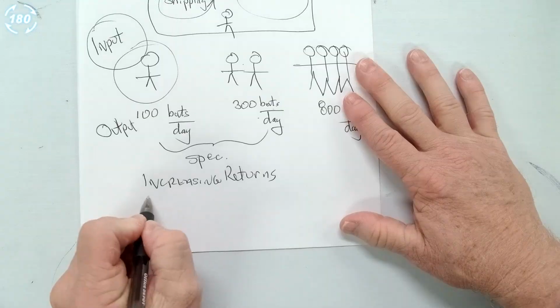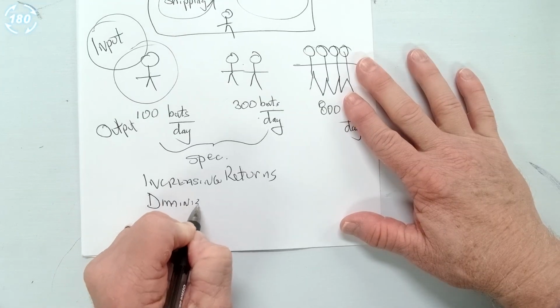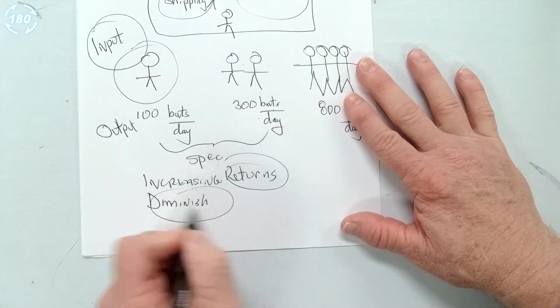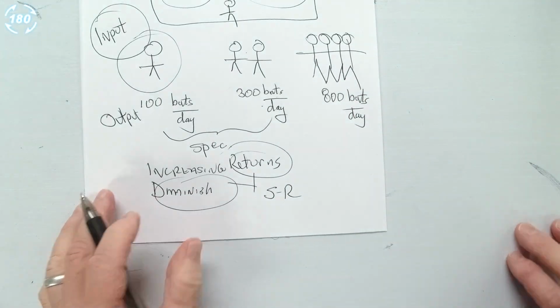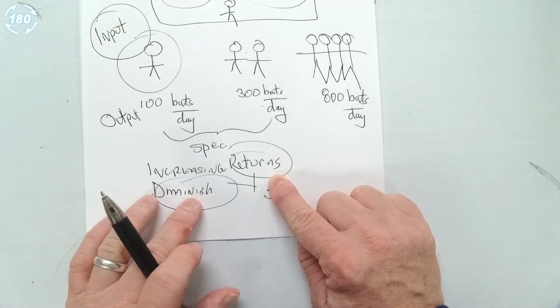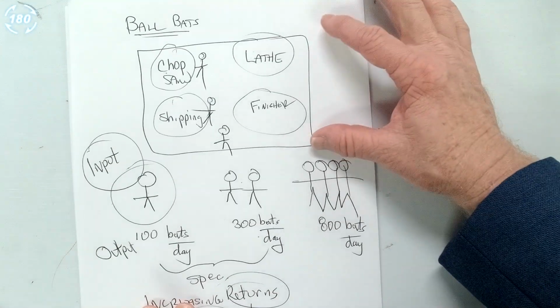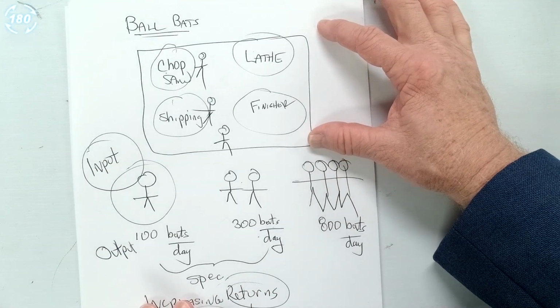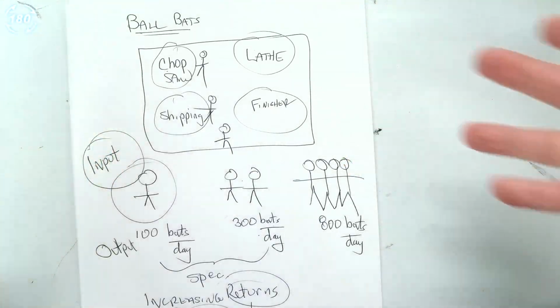Now this is the one we're talking about, diminishing returns. This is the one that is a short-run phenomenon. Diminishing returns is in the short run. Now why is that? It's because in the short run you have a fixed amount of floor space. Okay? By definition, the short run says you have some fixed input.